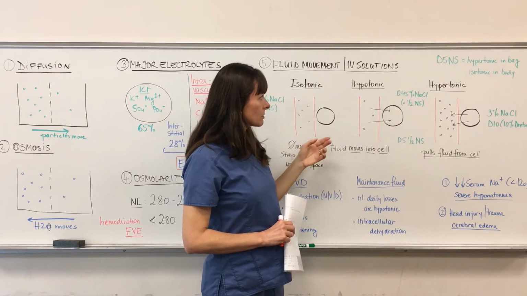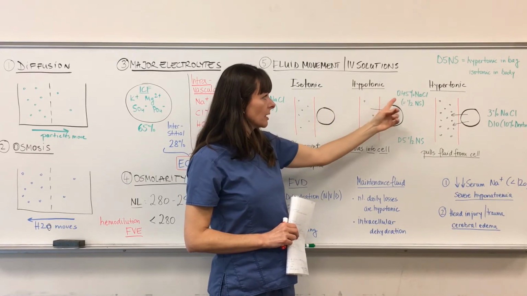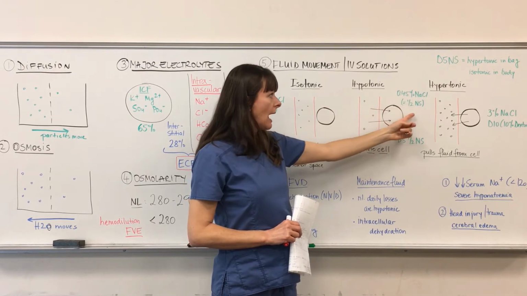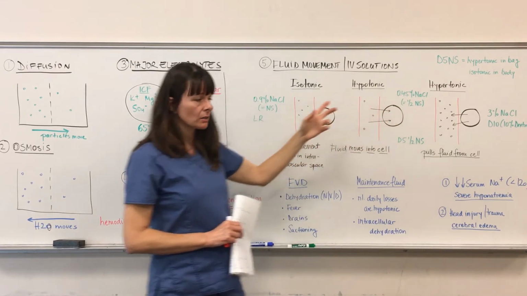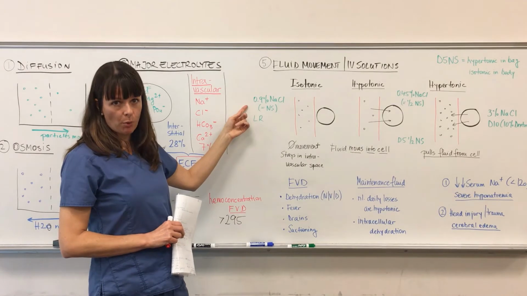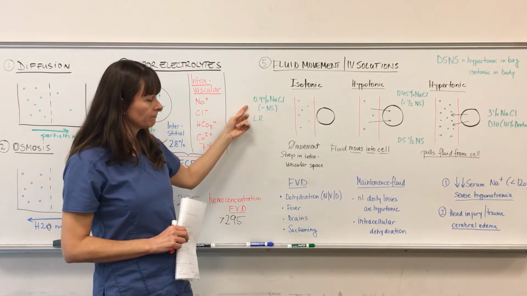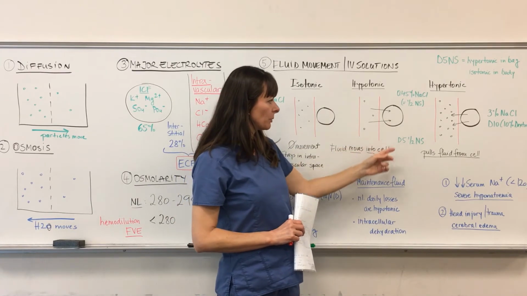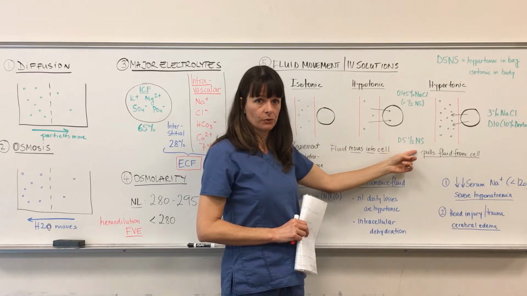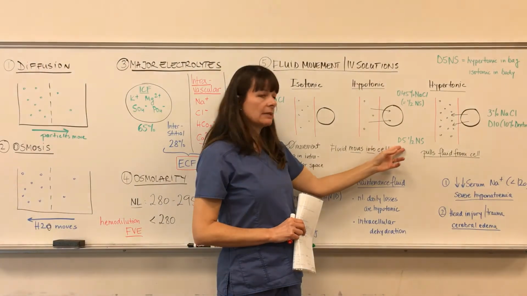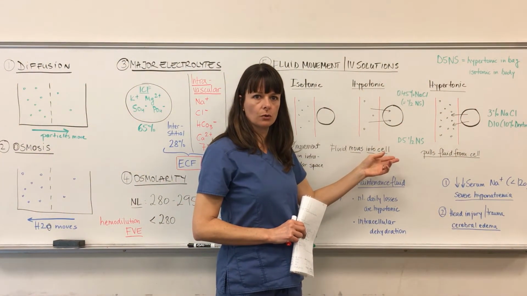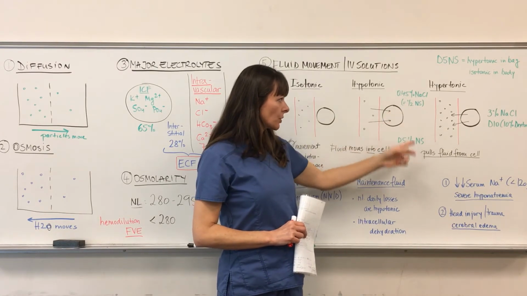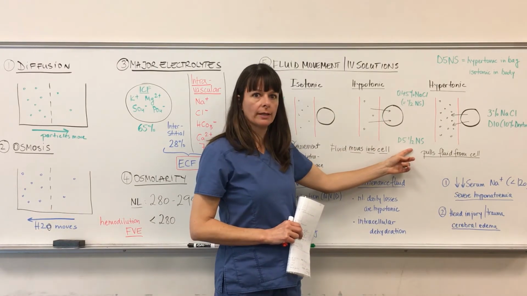So examples of hypotonic solution is 0.45% sodium chloride, also called half normal saline. Makes sense because normal saline is called 0.9% sodium chloride. So it is a hypotonic IV solution. Another example is D5 half normal saline. D5 means that there is 5% of dextrose in the solution, and then again the 0.45% sodium chloride.